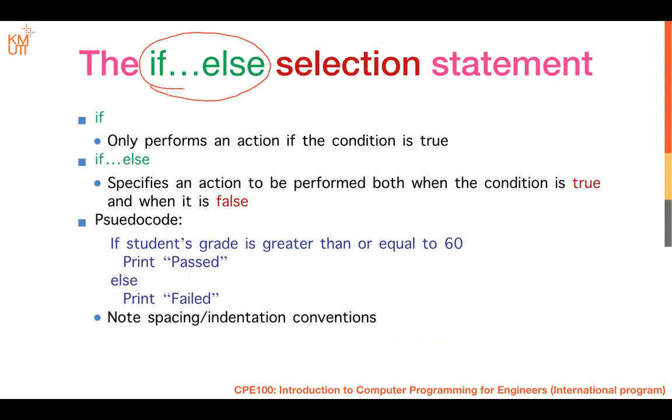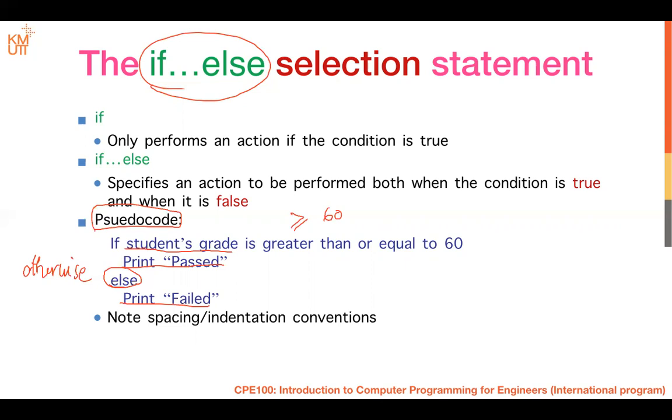So let's see this pseudocode for theory understanding. If student grade is greater than or equal to 60, then print passed. Else, meaning otherwise, print failed. Okay, so this we call the if else statement, right?